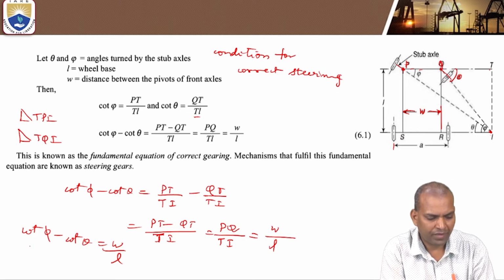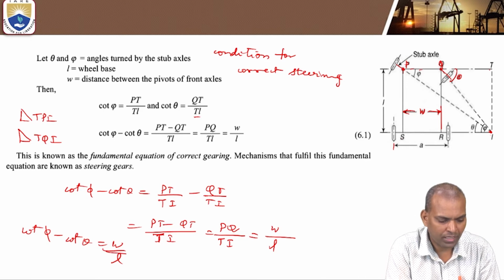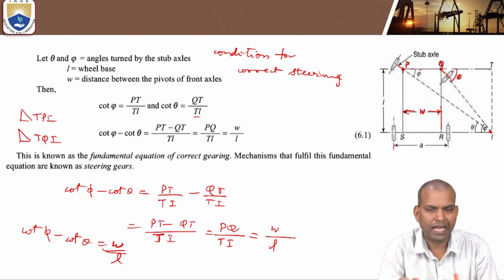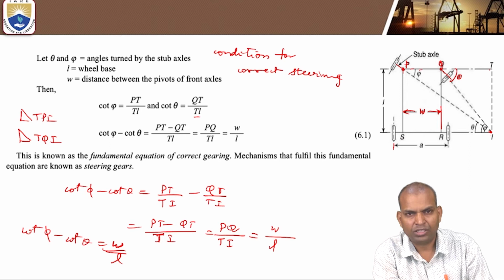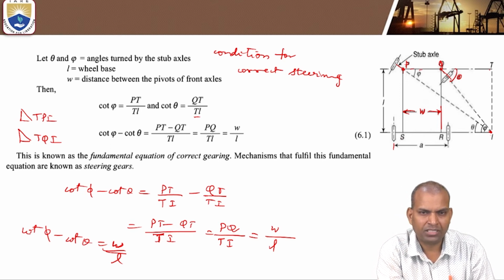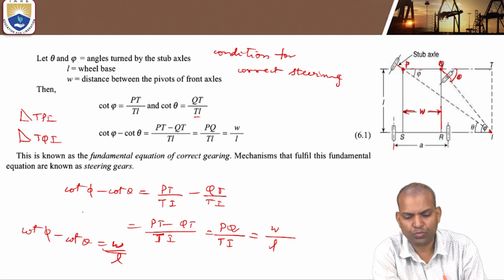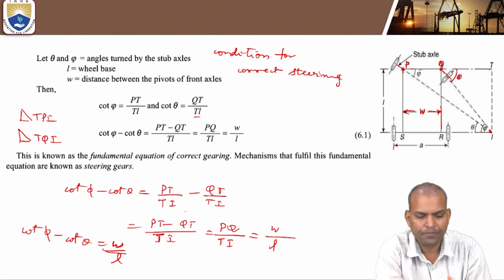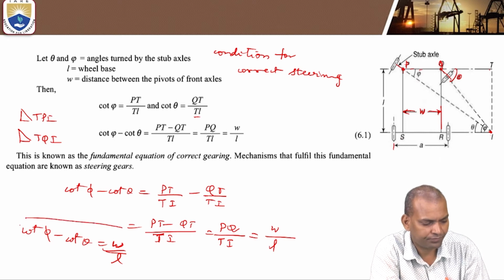That is, cot phi minus cot theta equals W by L. That is a ratio: the difference between the cotangents of the stub axle angles equals the ratio of W, the distance between the two pivot points of the front wheels, to L, the wheel base. That should be satisfied.